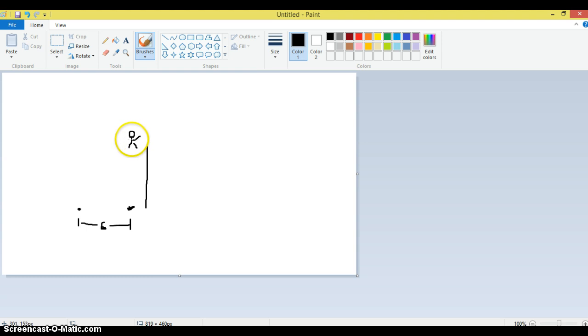There we go. All right. So he is 8 meters away.